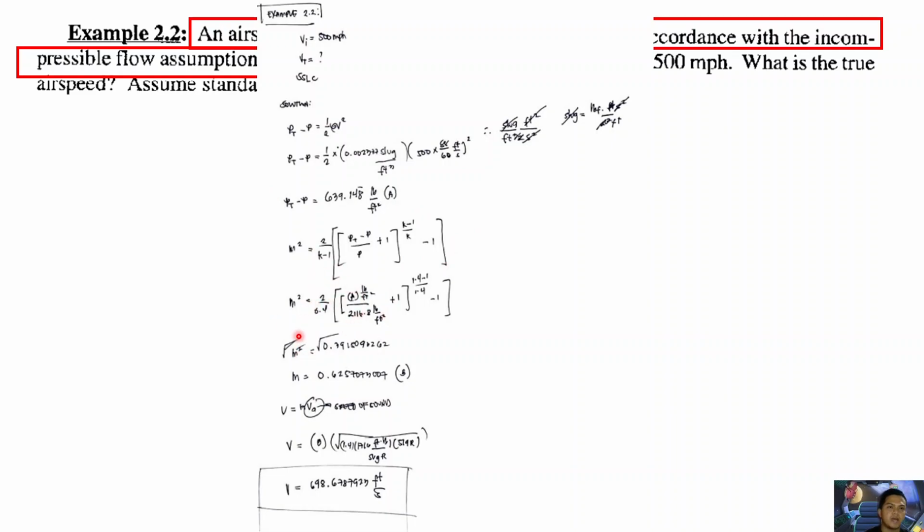Okay? We have Mach squared equal to 0.3915096262. So, squaring both sides, we take the square root to remove the square. So, M is equal to 0.62957073007. Store B. And getting V is simply Mach number times speed of sound.